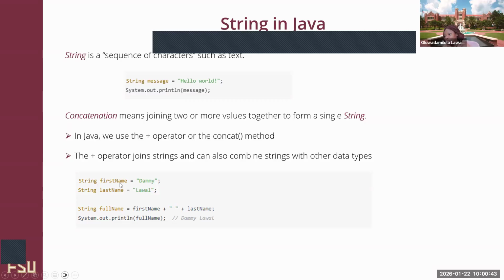String first name is Dami. That's my first name. String last name, Lawal. That's my last name. Now I want to combine my full name together. So I declare another variable that will hold the two together and say string full name equals the first name I've declared here plus. So I'm joining it.